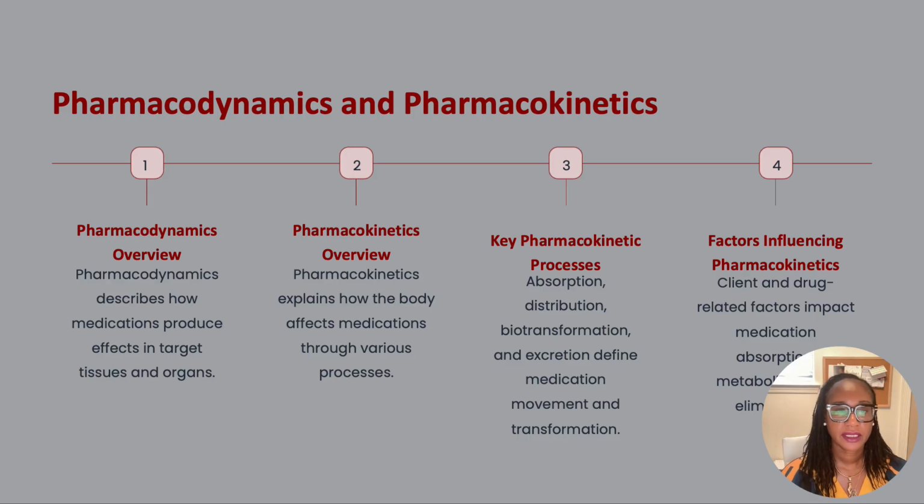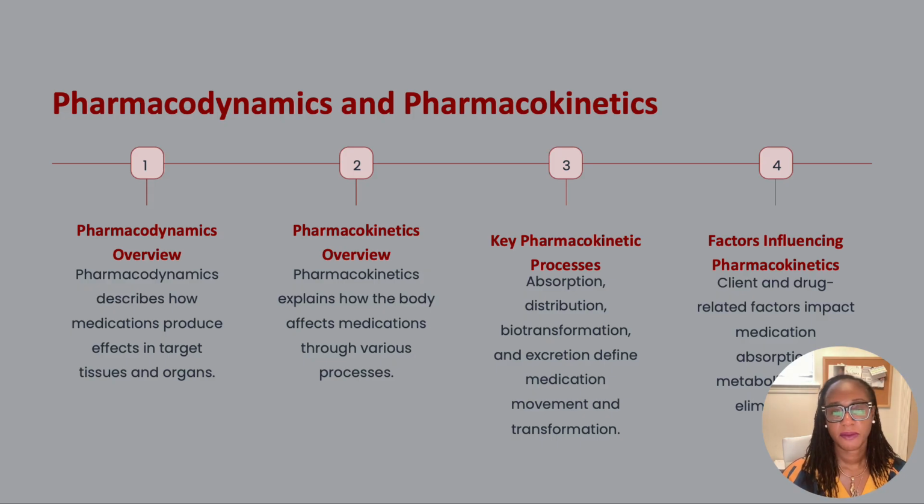The processes of pharmacokinetics include how the body handles the medication, including a client's body mass index and growth and developmental factors, and drug-related factors such as the medication route of administration and therapeutic range. So it goes through absorption, distribution, biotransformation, and then finally excretion.